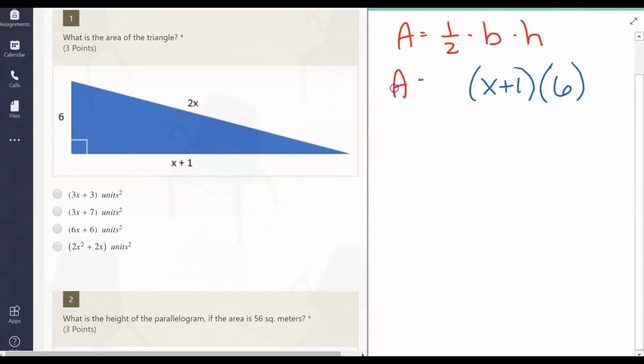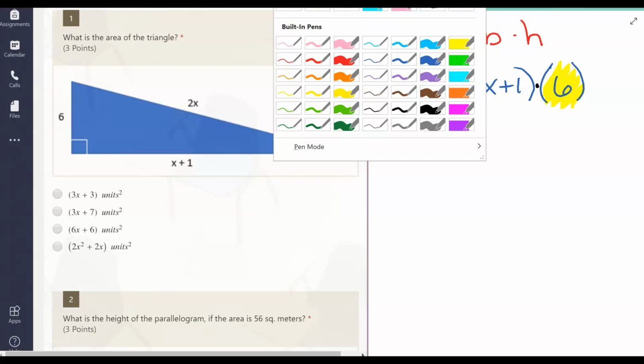So I can find my area by now simplifying this calculation. I have 1/2 times x plus 1 times 6. When I'm doing multiplication of multiple things, I can take any two that I want to multiply together. Because they're easy to multiply, I'm going to choose to multiply 1/2 times 6 next.